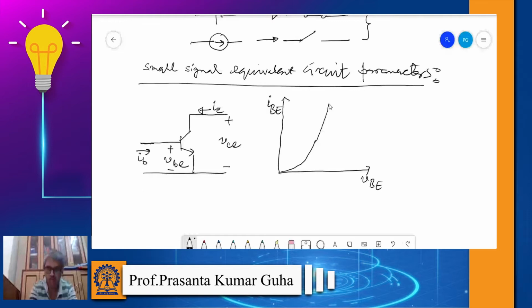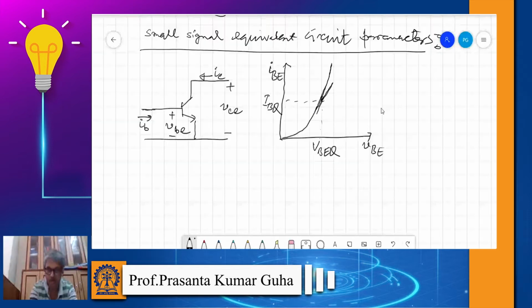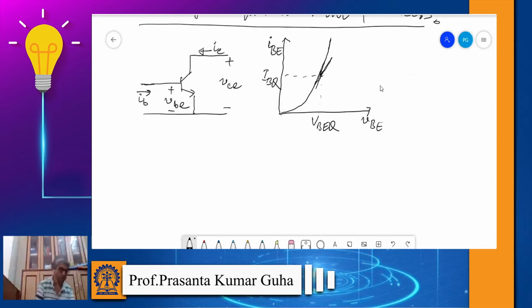And from the slope we can get the input resistance, or we say diffusion resistance. This we have come across before. Diffusion resistance is usually denoted as R pi.